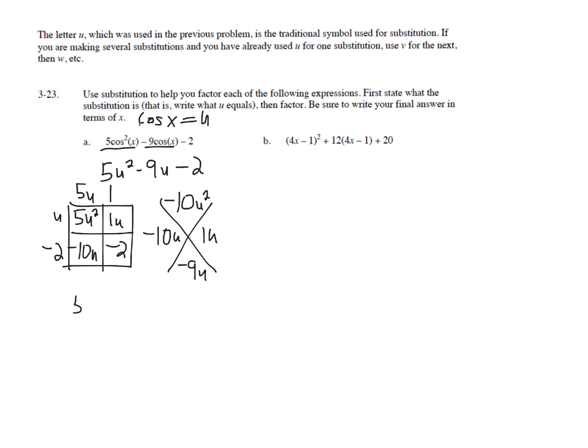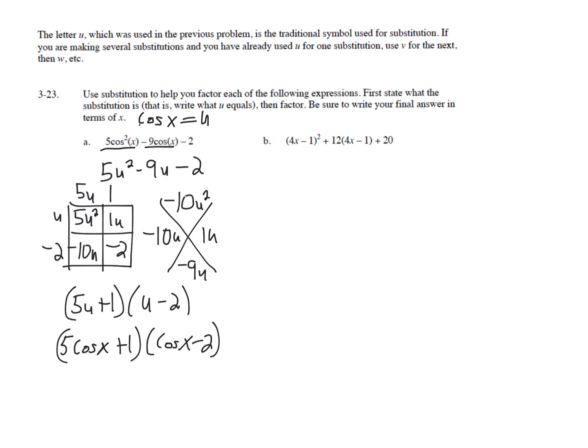So this factors to 5u plus 1 times u minus 2. But now I'm going to put that cosine back in there. So this is really 5 cosine x plus 1 times cosine of x minus 2.